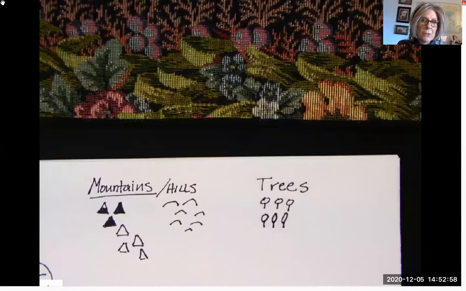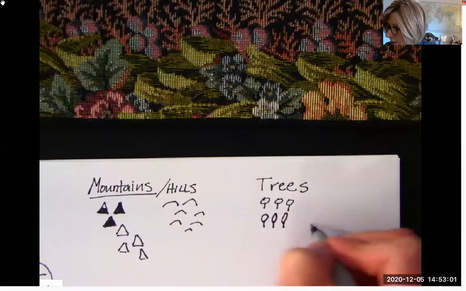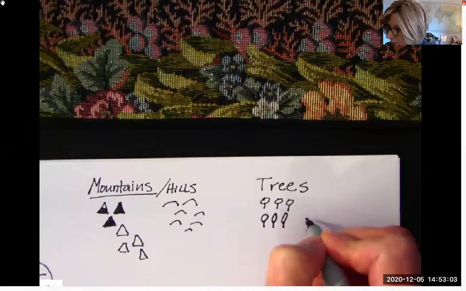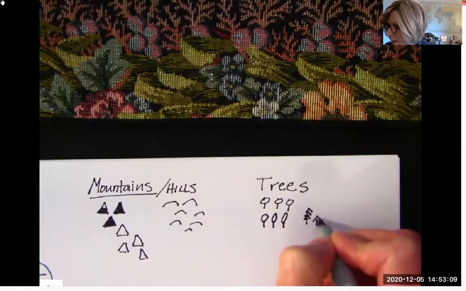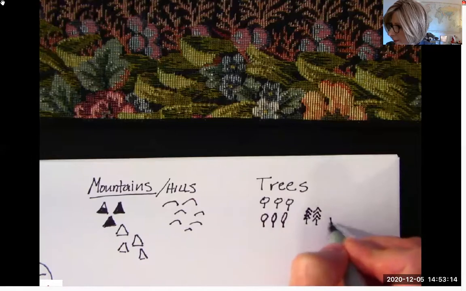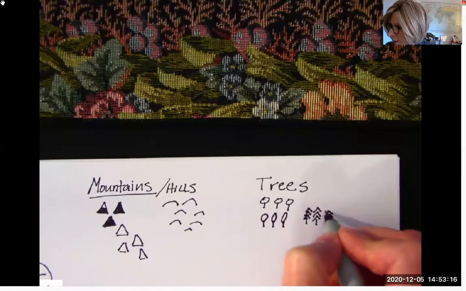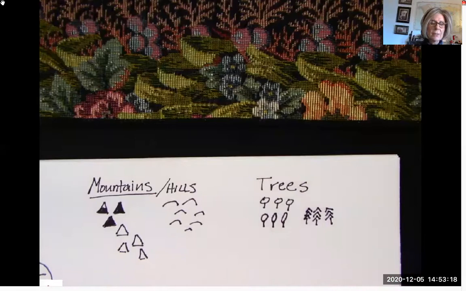I could do, this one is kind of one of my favorites, a line and then three little upside down V's. I kind of like those. Like that. Okay, so that's another type of tree. So that gives you some variety. You can get into other styles later, and we can talk about that in class, but those are kind of interesting little trees, and so that gives you a little variety on your map.